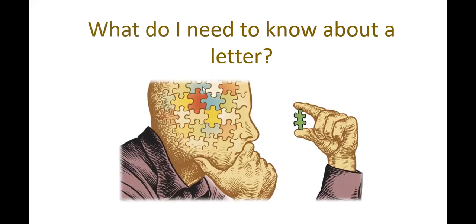Okay. So now I'm going to ask the question, what do I need to know about a letter? Because we've done the exercise practically now, right? But we want to see if we can get some structure to our understanding when we look at the letter. So what we'll be covering today in this lesson is, first, answering that question, what do I need to know about a letter?